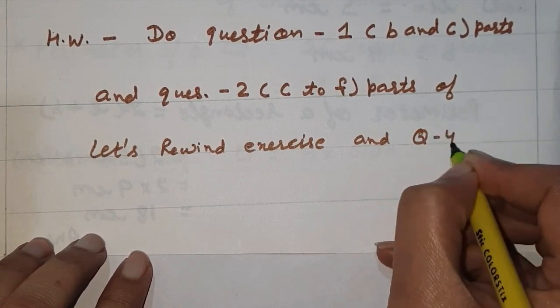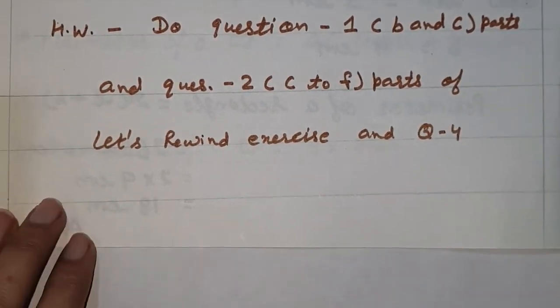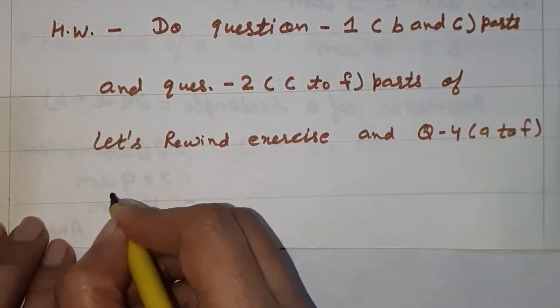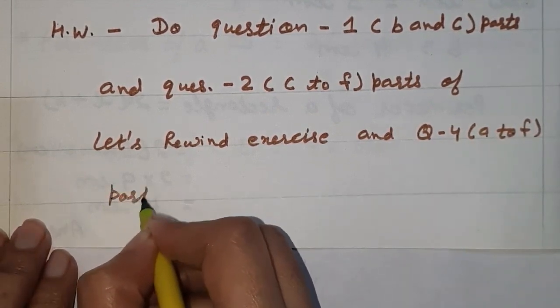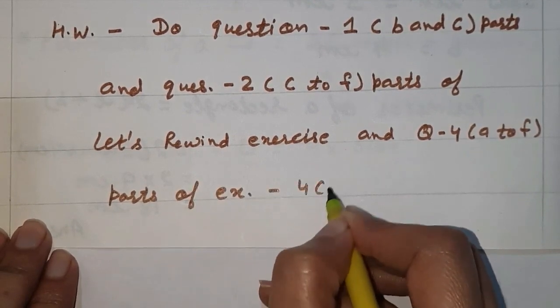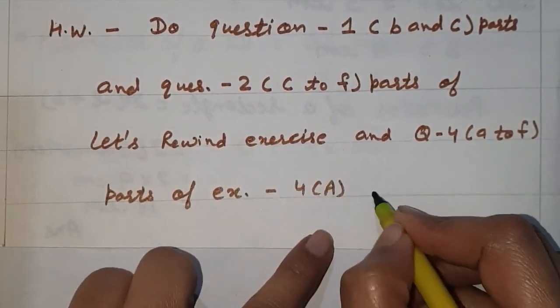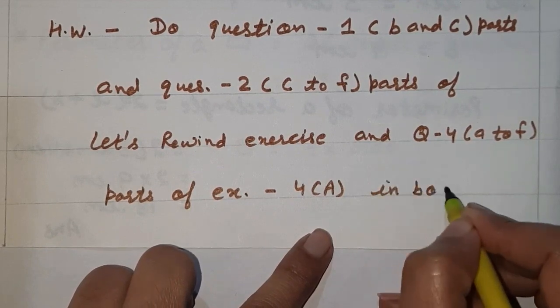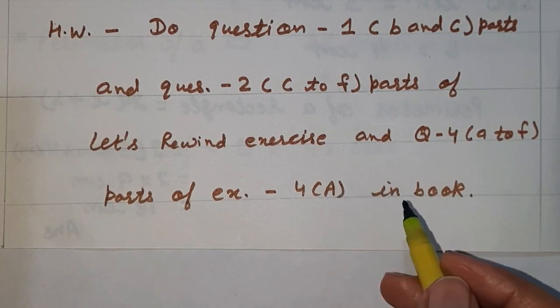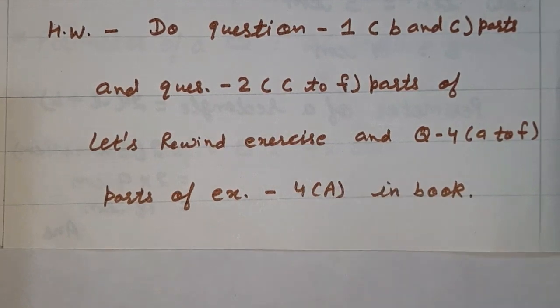And question 4, A to F parts, of exercise 4A in book. These all the questions are based on perimeter and area, and you have to solve in book.